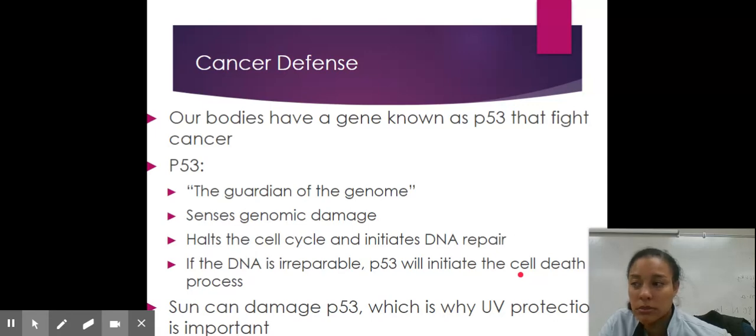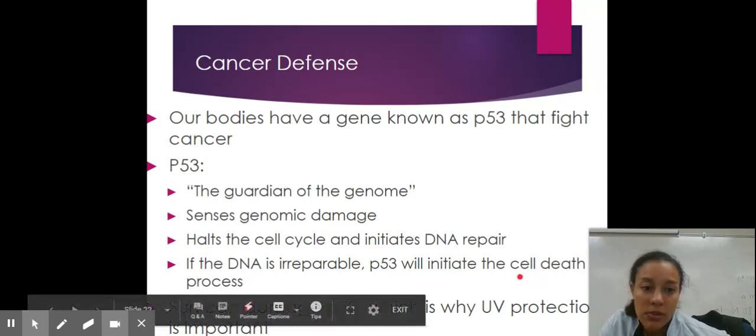A good example of that is being exposed to the sun for a certain period of time. UV rays are damaging our skin cells. P53 can easily slough off and kill off those cells through apoptosis and keep the good ones.